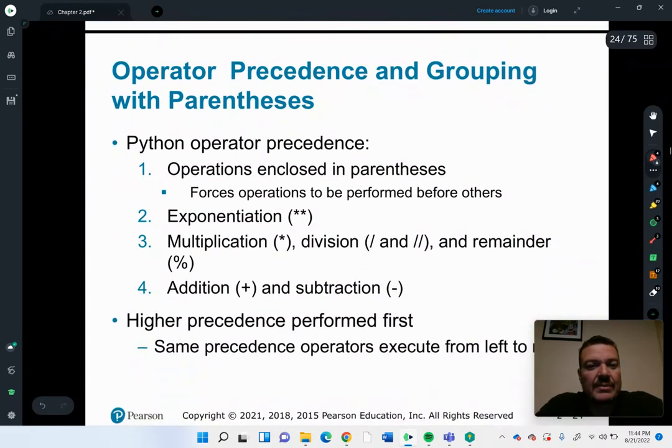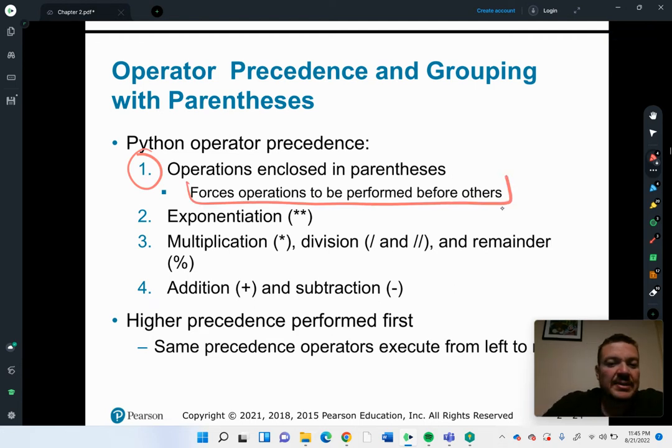Just like in math, we do have a precedence to our operators, and we can group with parentheses. So the Python operator precedence is operations enclosed in parentheses is always number one, which forces operations to be performed before others. Then exponential, which is these 2 stars.